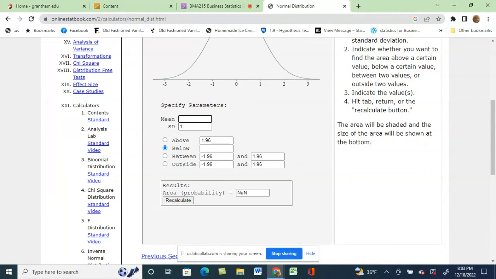Let's see, my first example was the example that I did. Let's use those numbers.